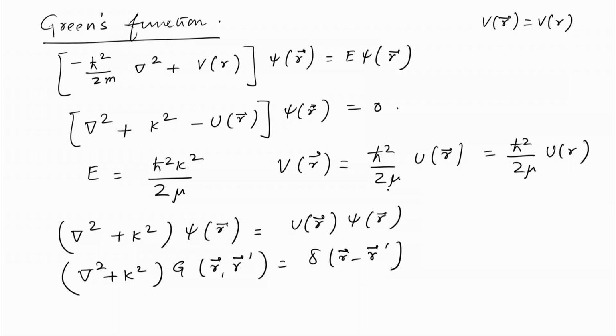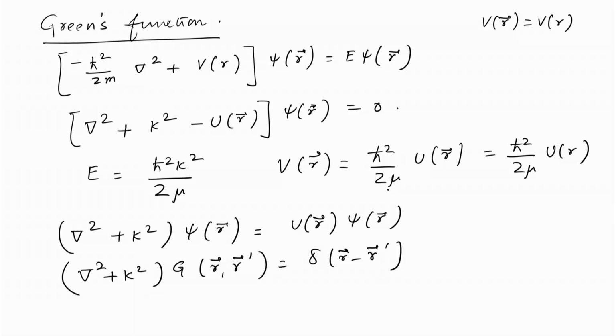You can look it up in any mathematical physics book, especially Arfken gives a very good introduction to the Green's function. So, Green's function is a solution of this equation, which is Laplacian plus k square acting on G of r r prime, which is the Green's function, and that yields a delta function. So, G of r r prime is the Green's function and delta of r minus r prime is the Dirac delta function.